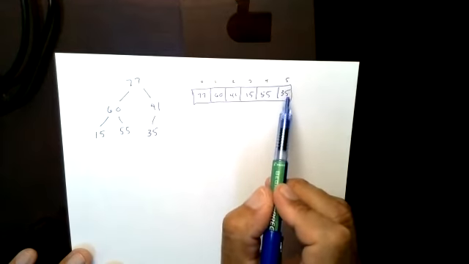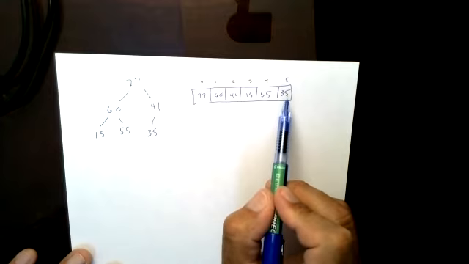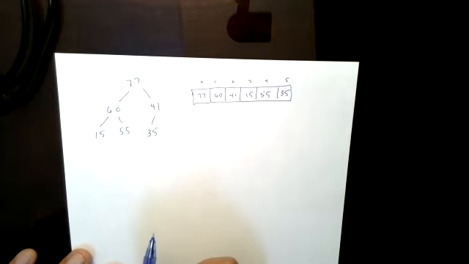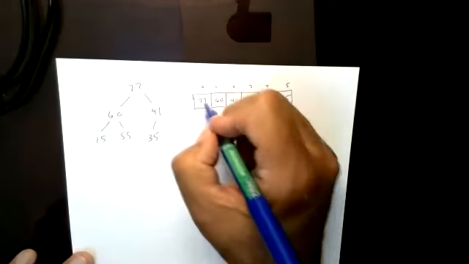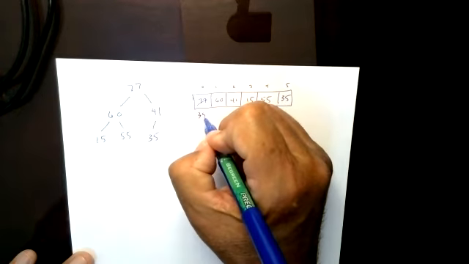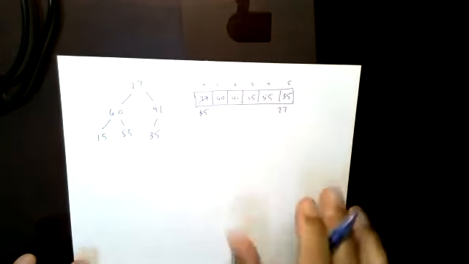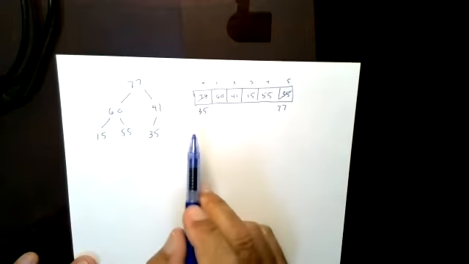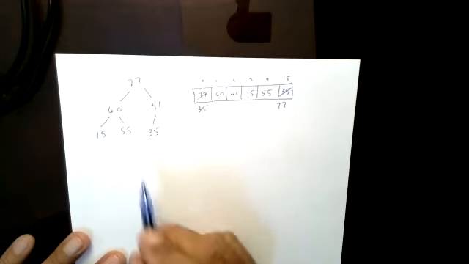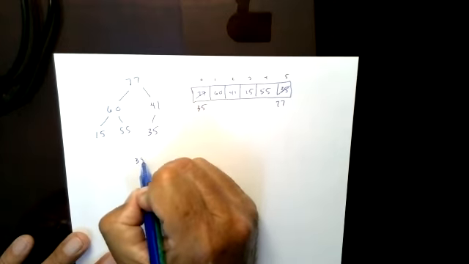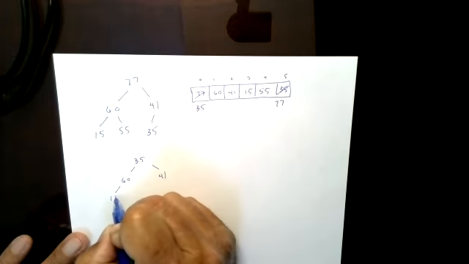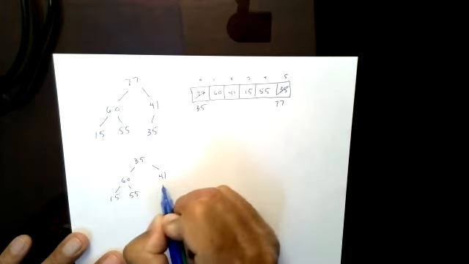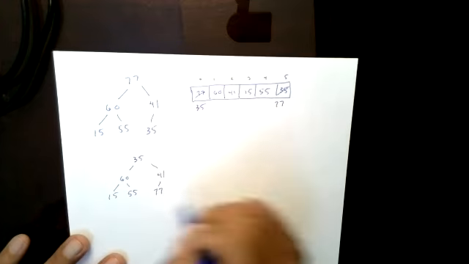Well, where can I put 35? If I'm moving 77 in here, where does 35 have to go? Swap them. Yeah, I'm going to have to swap them. I'm going to put 35 there and 77. Good. Now, if I think about my heap, I now have 35, 60, 41, 15, 55, and 77.